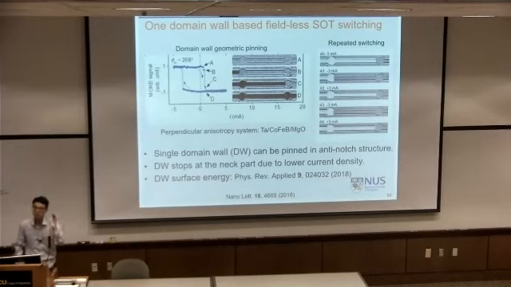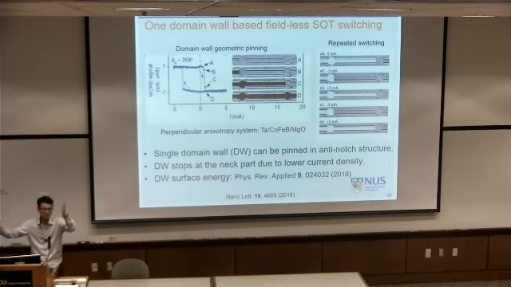But in all switching measurements, due to the thermal effect, you reduce your magnetic anisotropy. So that should always be considered. It's impossible to avoid. That's why if you do the switching measurement in the DC regime, your switching current is always lower because of the heating effect.